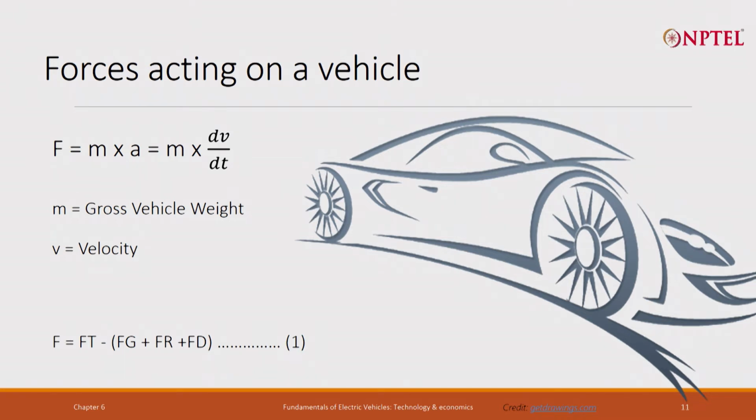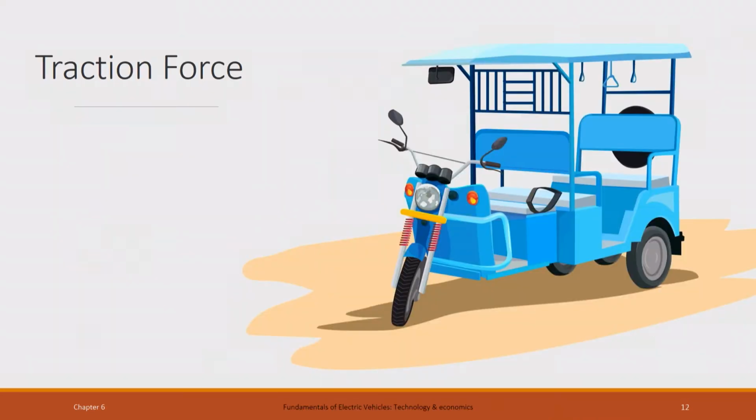Let us look at each of the terms that we saw in the last line of the equation one by one. So, where does the traction force come from? I told you the traction force comes from the motor, and the traction force is the torque applied by the motor on the wheel divided by the radius of the wheel.